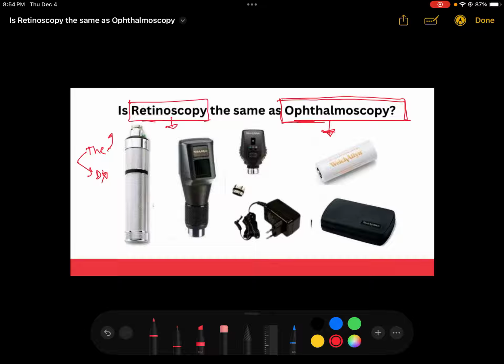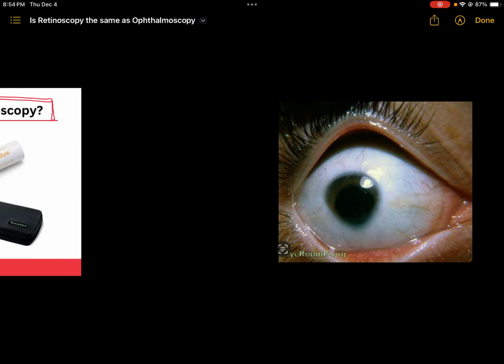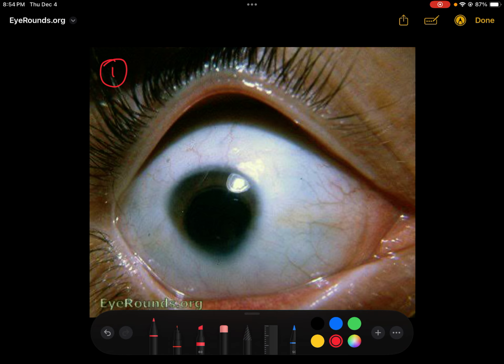Then contraindications of atropine eye drop. Number 1, high hypermetropia. Number 2, microphthalmos.